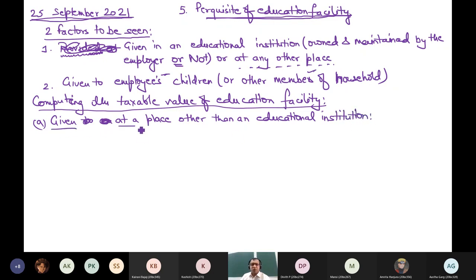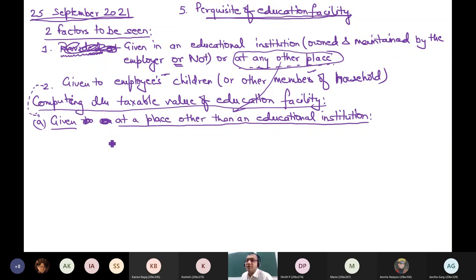Whenever the education is given to anyone, anyone doesn't mean any relative, anyone means employees' children or other members of his household, which includes close people, parents, spouse, brothers and sisters. When it is given to these people at a place other than an educational institution, that means at this place, what is logically the taxable value?